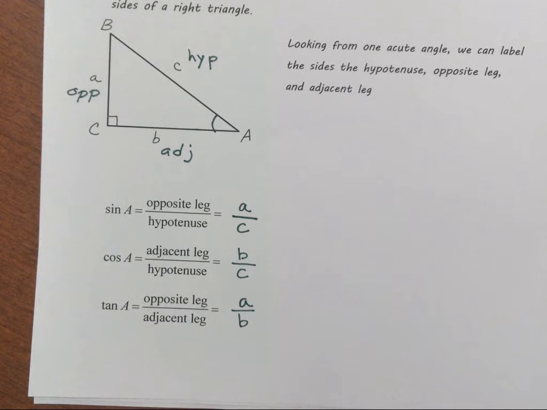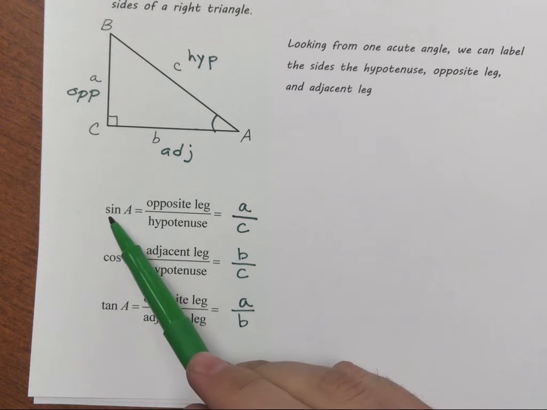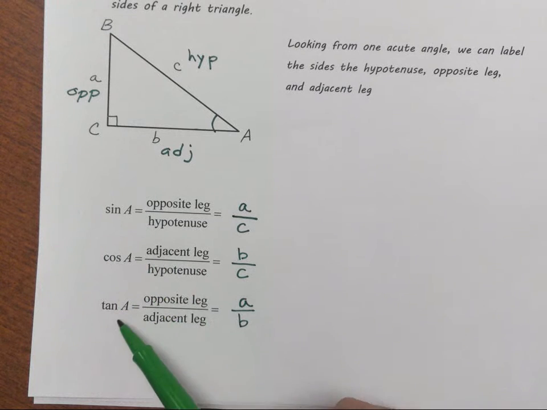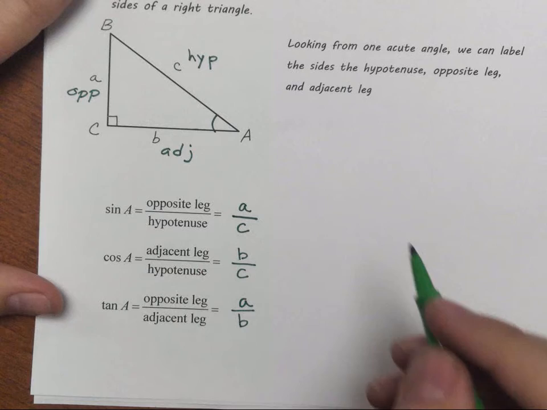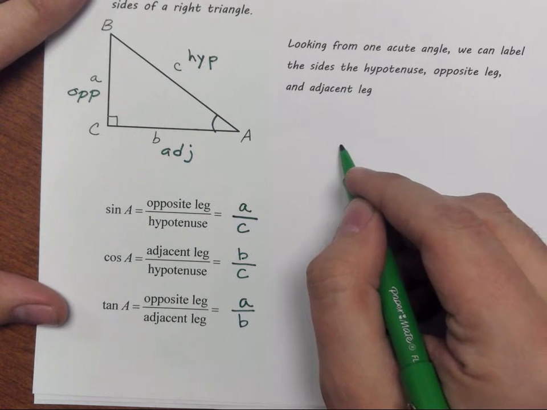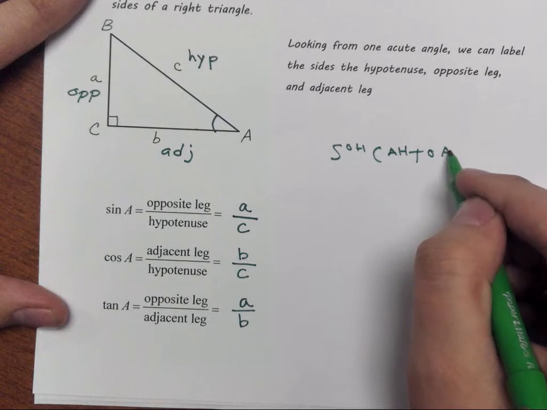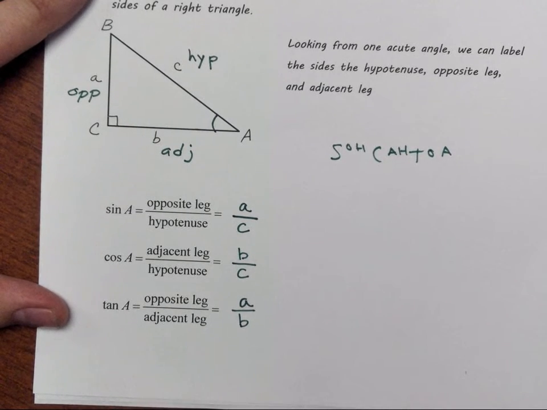Now, you will have to do this repeatedly, so we need some way of remembering that sine refers to the opposite leg over the hypotenuse, cosine refers to the adjacent leg over the hypotenuse, and tangent is opposite leg over adjacent leg. So, the little acronym that we will use is SOHCAHTOA. This is a simple little acronym.